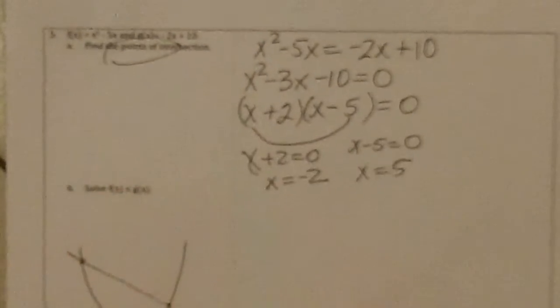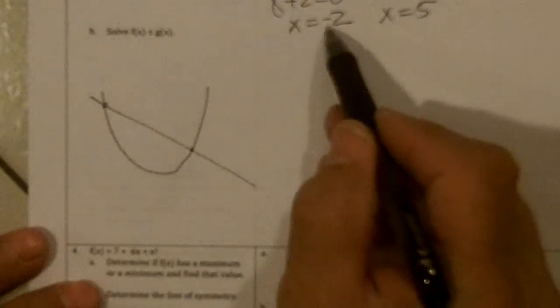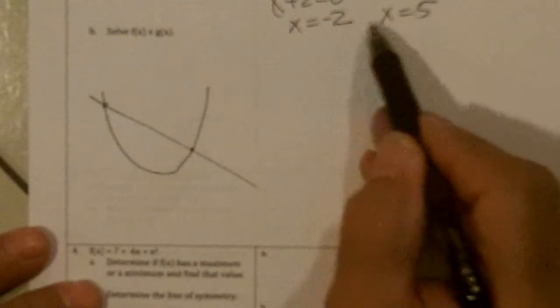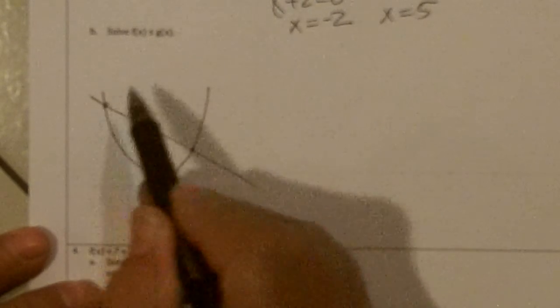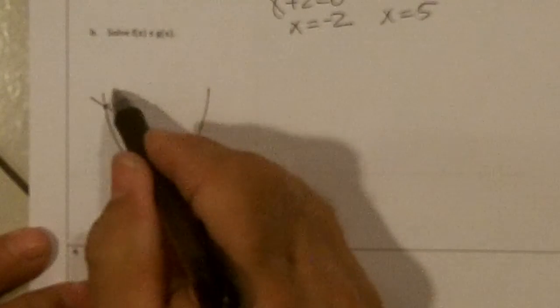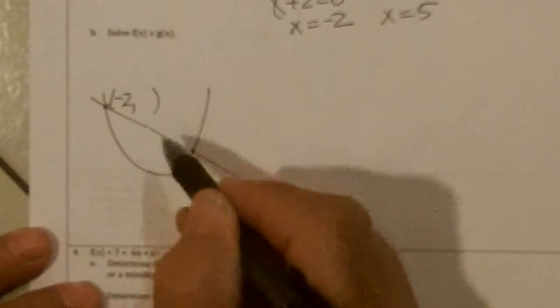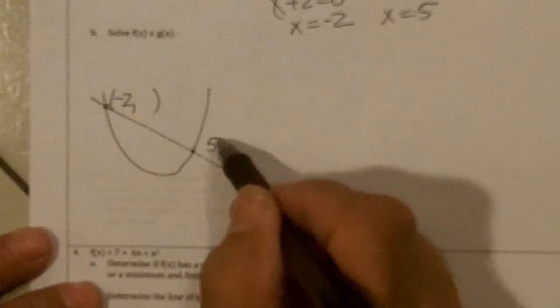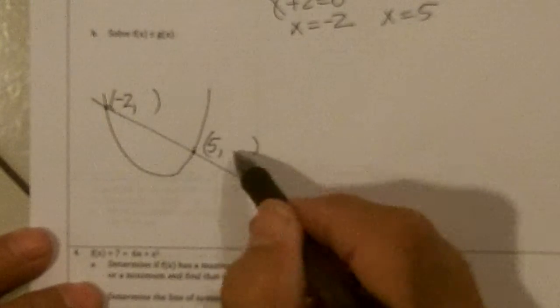But I want the points of intersection. Well, x is minus 2 and 5, so x must be -2 here and plus 5 here, because this is to the left. -2 something, and this one's at 5 something.